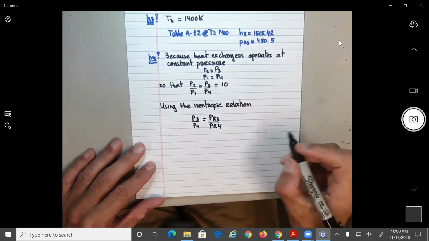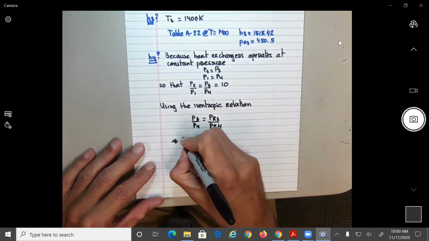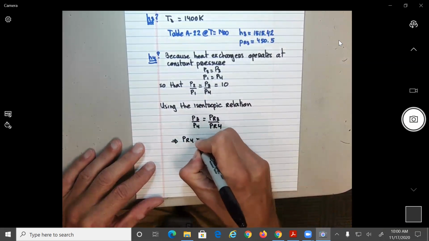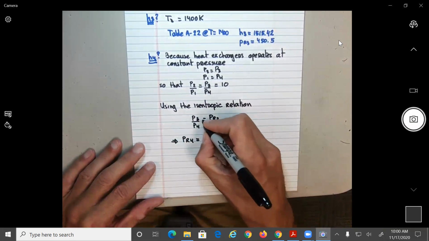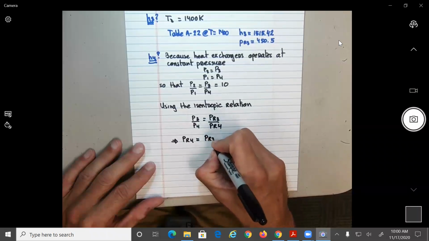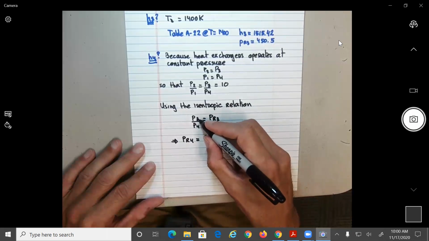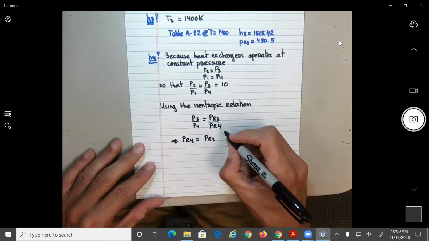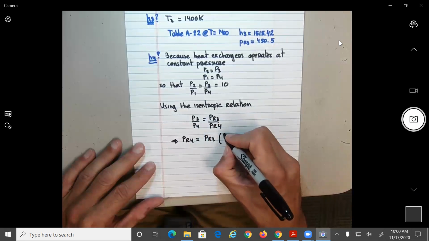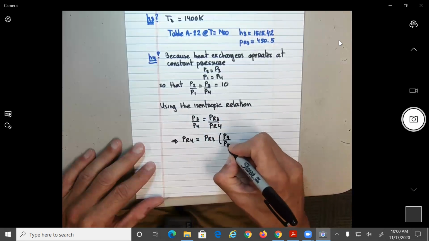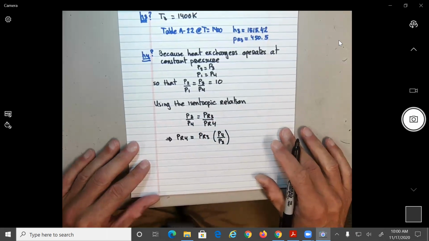So we know this. So from this equation, we can find that PR sub 4 will be equal to PR sub 3 times P4 over P3.